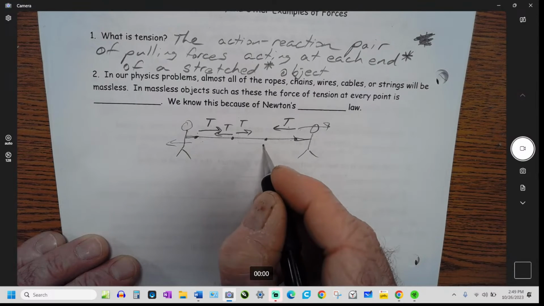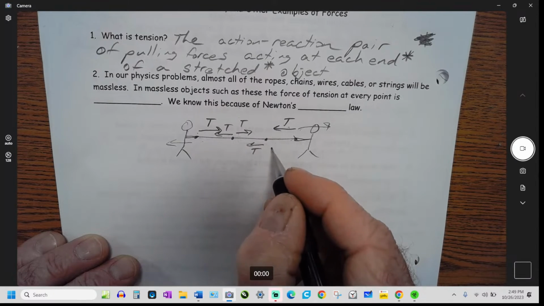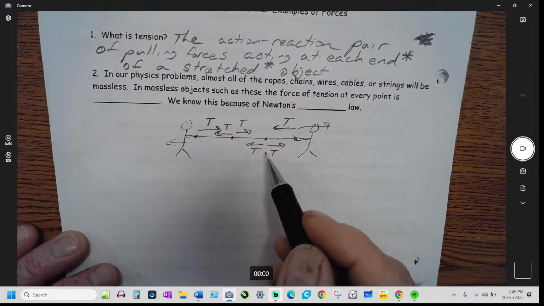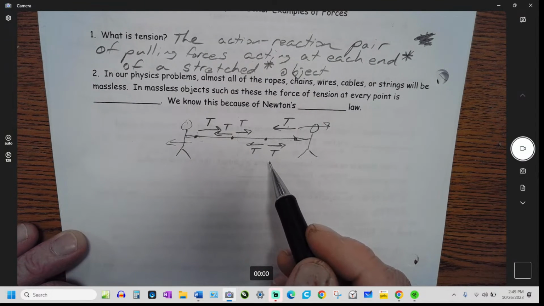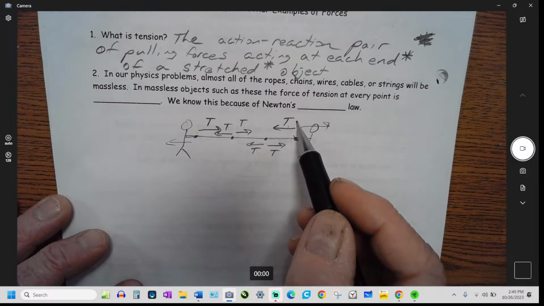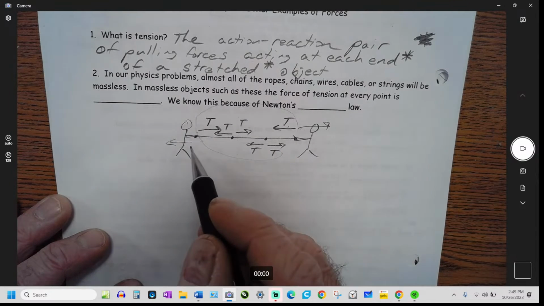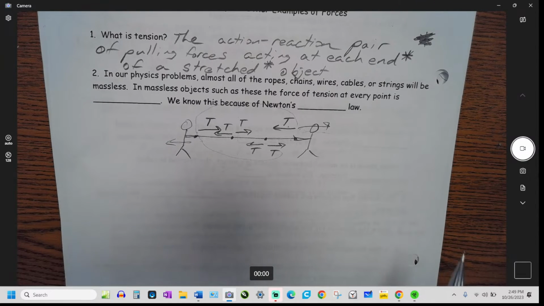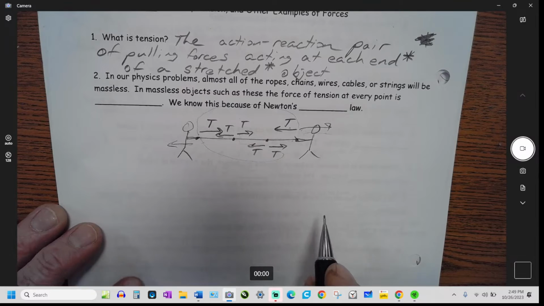And right here, this part of the string's pulling this way, and this part of the string's pulling this way. And if you add them all up, what's the net force on the string? 0. So all the internal forces are 0, plus this person and this person, they're pulling with the same force too. So the net force on this string is 0. Okay, I don't want to get into that too far.